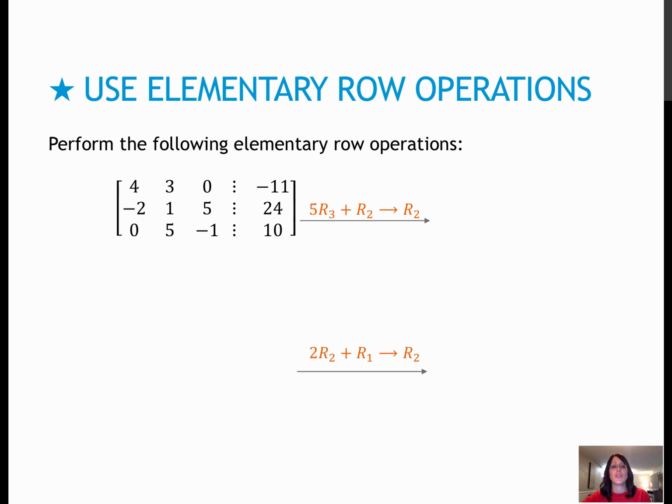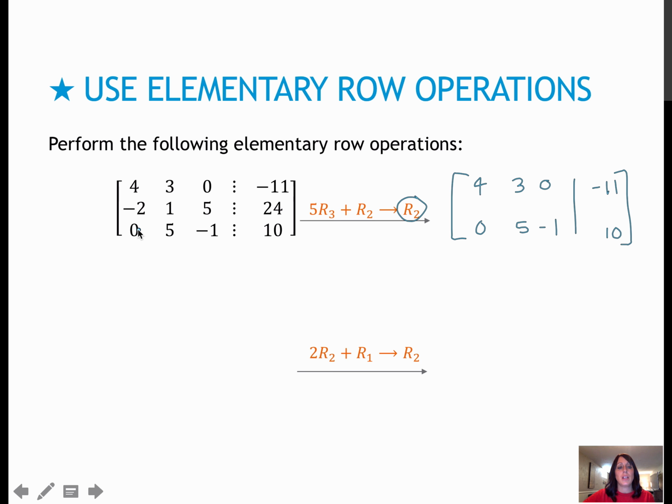Go ahead and try these two operations and then press play to check your work. So the first one, again, I'm only replacing R2, which means R1 will remain exactly the same, and R3 will remain exactly the same. R2 will now be 5 times R3 plus R2.